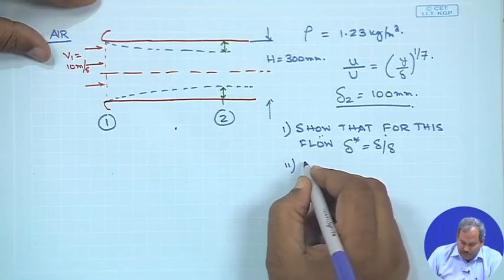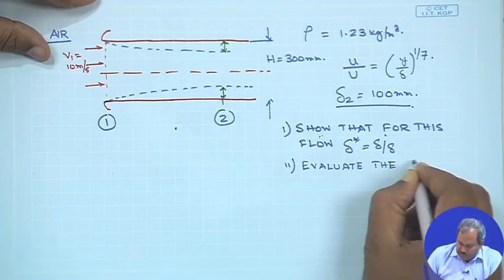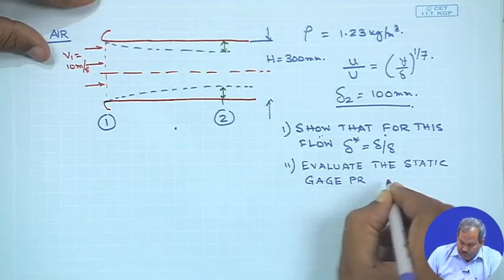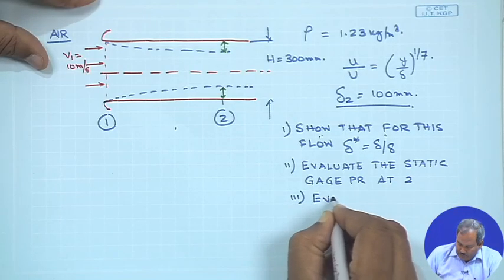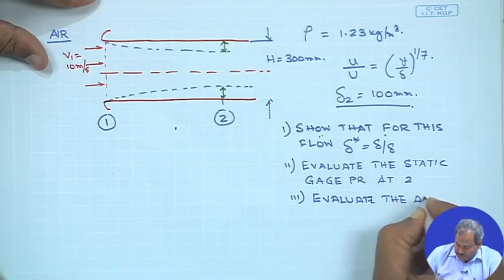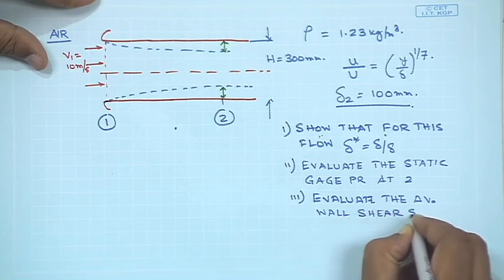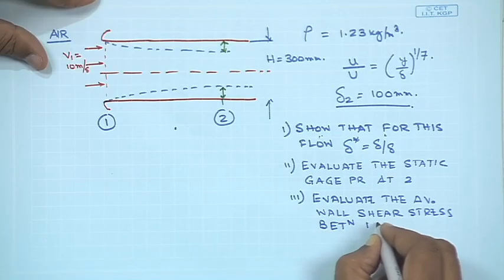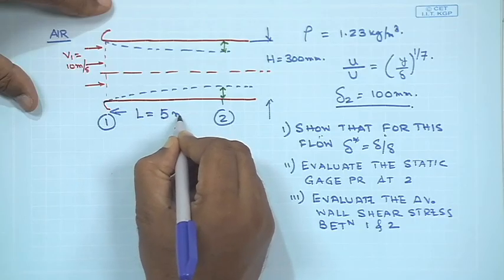The second part of the problem is to evaluate the static gauge pressure at 2, and third is to evaluate the average wall shear stress between 1 and 2, where this length is equal to 5 meters.